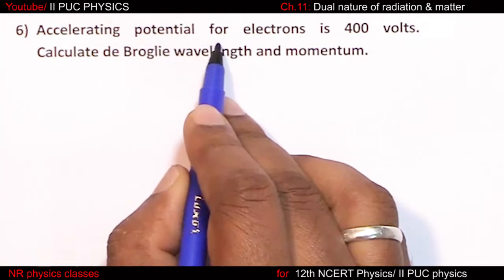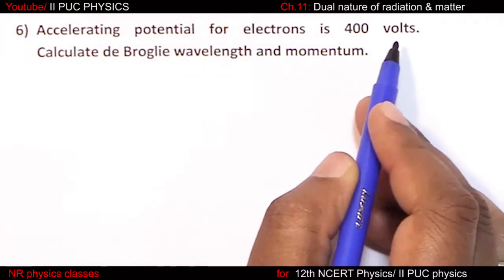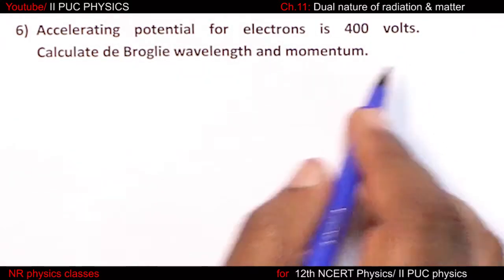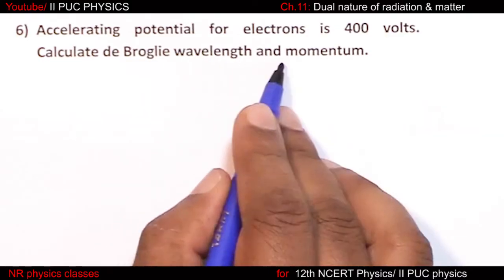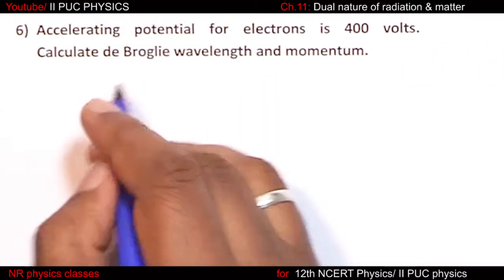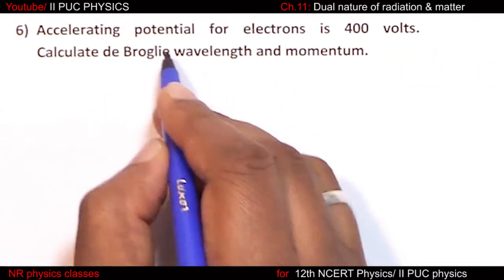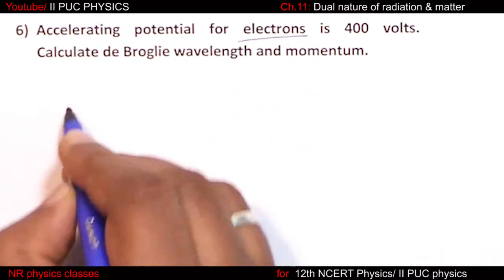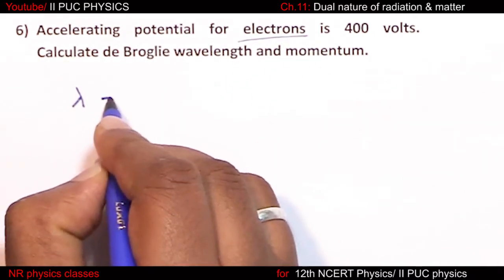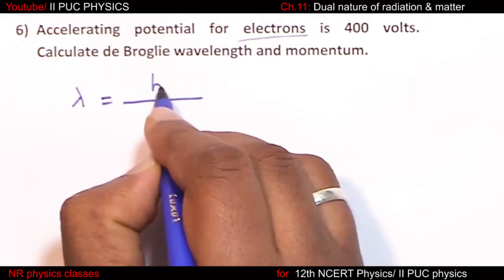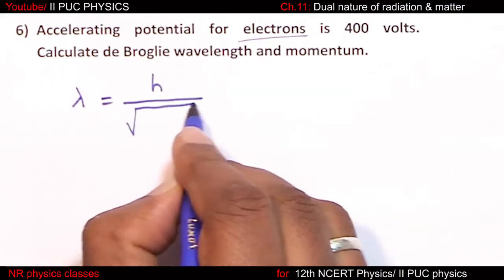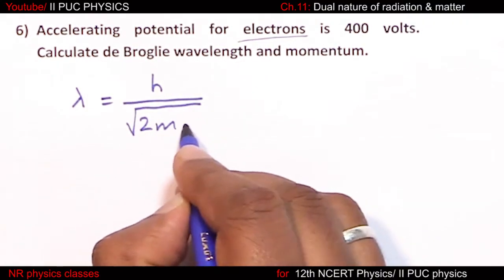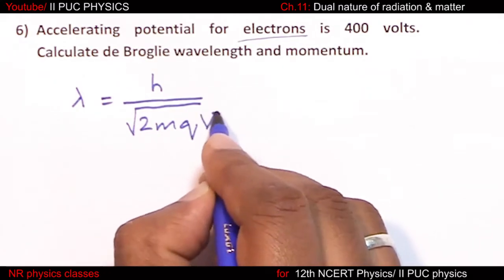Accelerating potential for electrons is 400 volt. Calculate de Broglie wavelength and momentum. This is for electron. De Broglie wavelength is given by h by root of 2m charge potential difference.